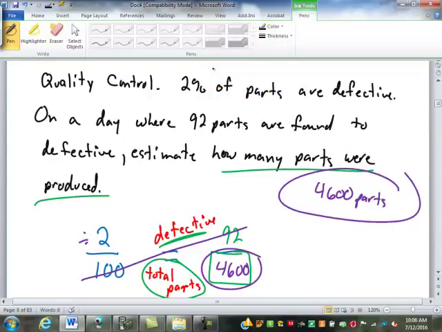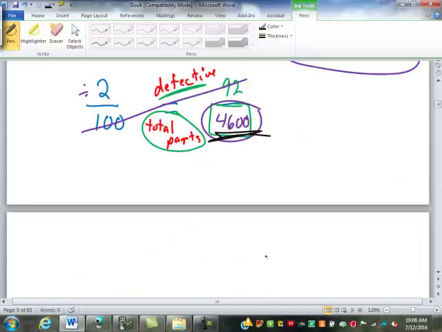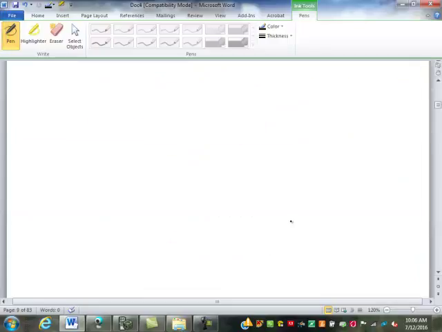Now you might be thinking, that's kind of silly that I had to ask, is this what I'm really looking for? I mean, what else could it be? Well, let's look at this. Similar problem, still dealing with quality control. So 3.5% of parts are defective.